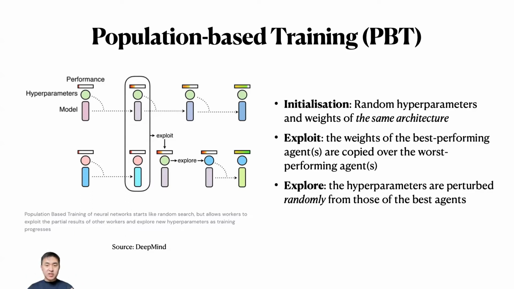At the exploitation step, we copy the weights of the best performing agent to the worst performing agent. At the exploration step, instead of just copying over the hyperparameters of the best agent, we also randomly perturb them from the best hyperparameters in the hope of finding even better ones. So in a sense, this is similar to an evolutionary approach.